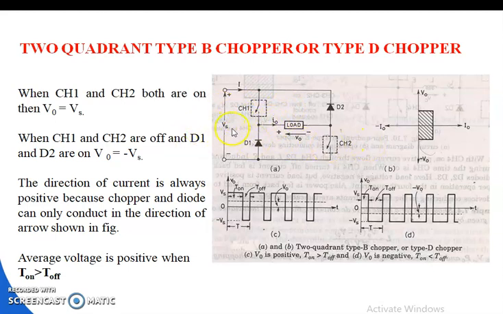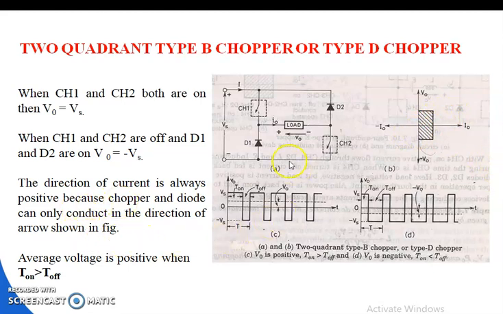In that case, the current flows from the source to the load, so the load voltage V0 will be positive and the load current I0 will be positive. This is shown in the first quadrant of the VI characteristics curve.